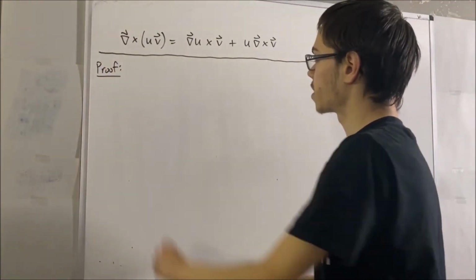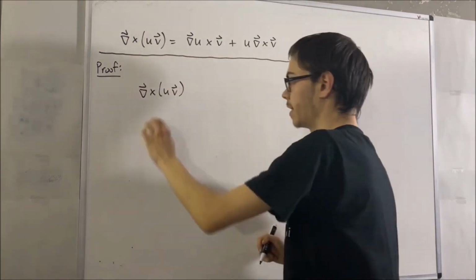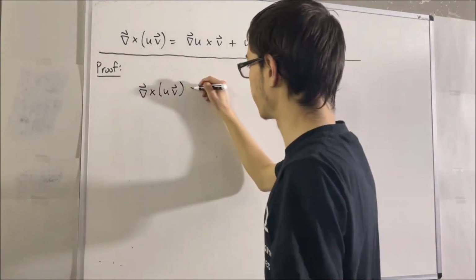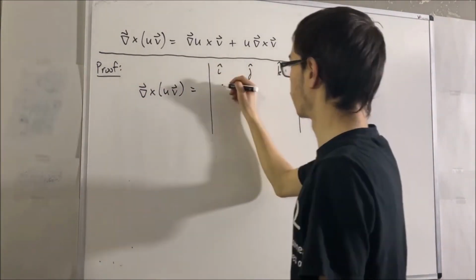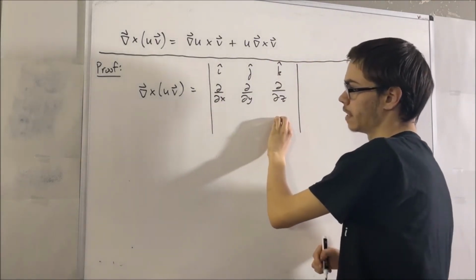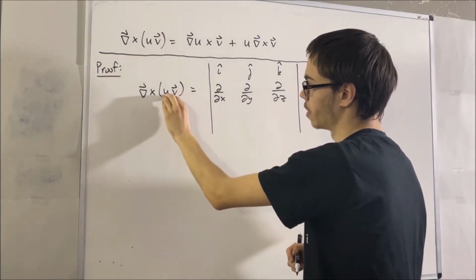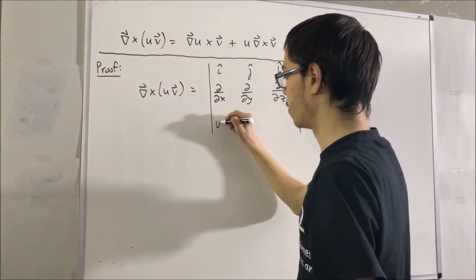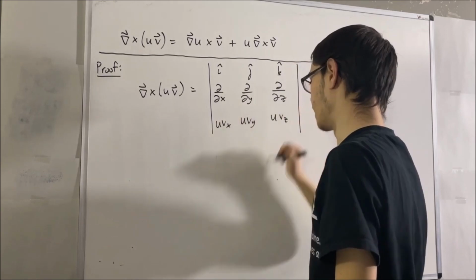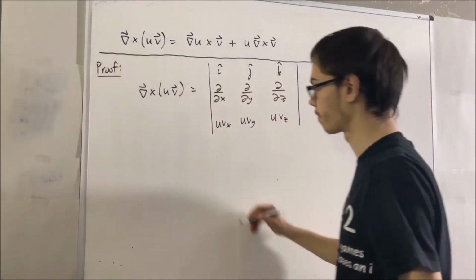So let's start out by rewriting the left side of the equation. Now, since we're taking the curl of something, we are going to act as if we're computing the curl of it. And in the final row, that'll consist of the x, y, z components of our vector field, uv. So in that case, it would be uvx, uvy, and uvz. And so now from here, we're basically computing the curl of this thing.